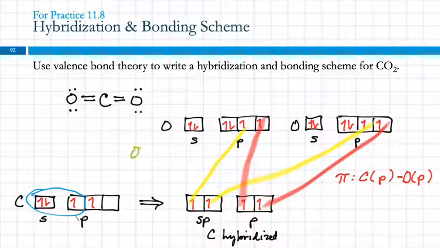For the sigma bond, you see that okay? That's kind of dark yellow. These are the sigma bonds. I'm going between carbon and oxygen. On the carbon, I'm using the hybrid orbital, sp, and on the oxygen, I'm using a p orbital.